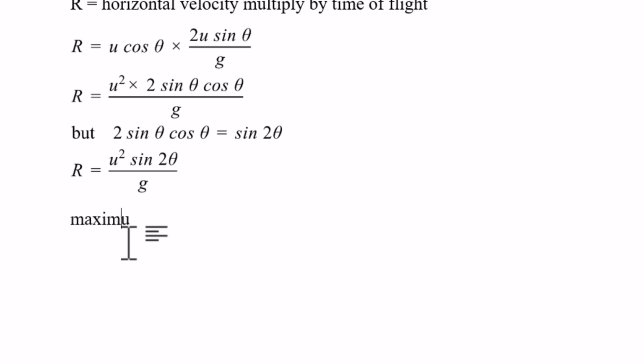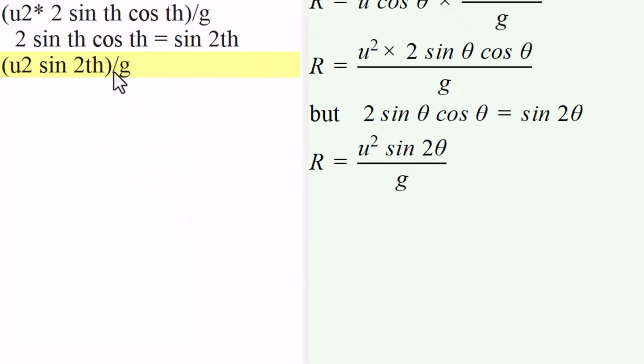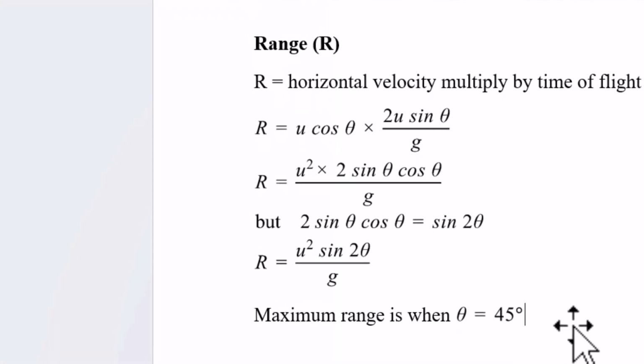Let me just put it as a statement: the maximum range. Maximum range is when theta is equal to 45 degrees. So this is the condition for maximum range.